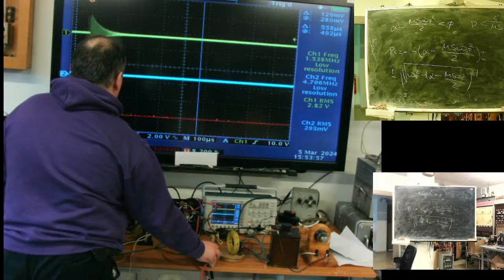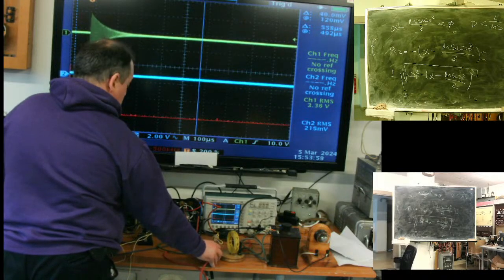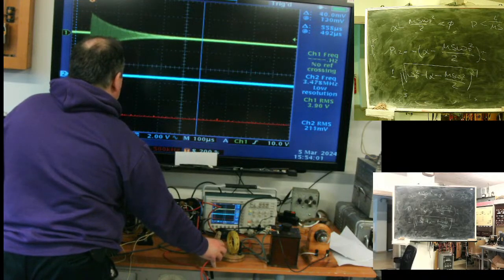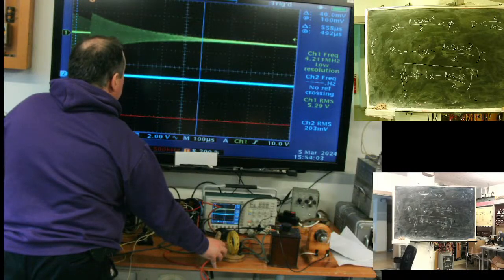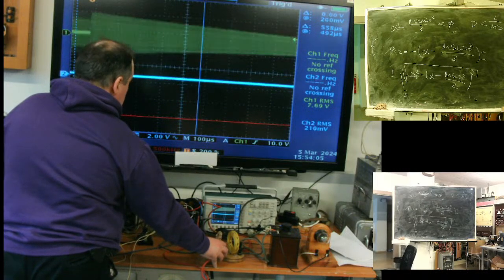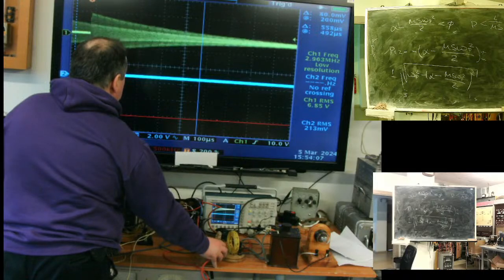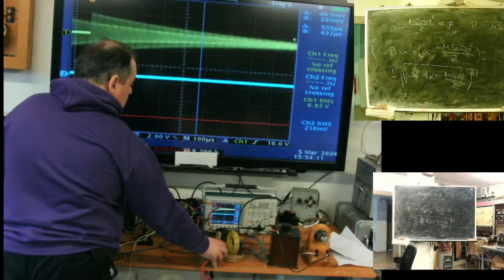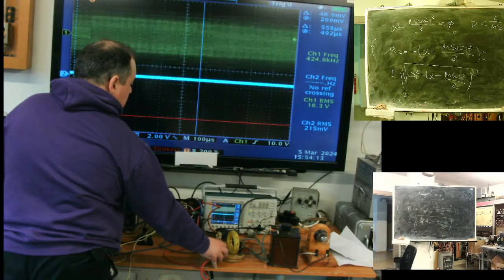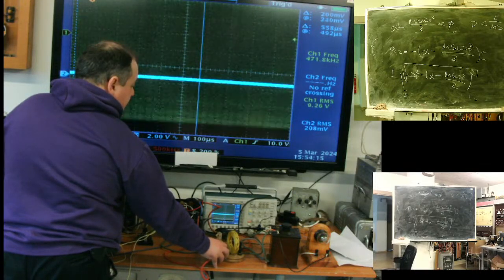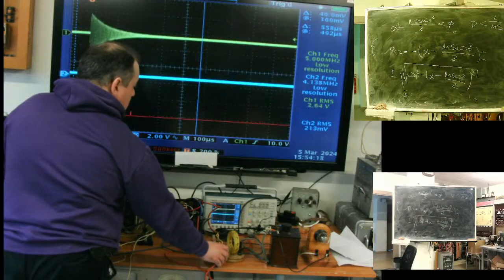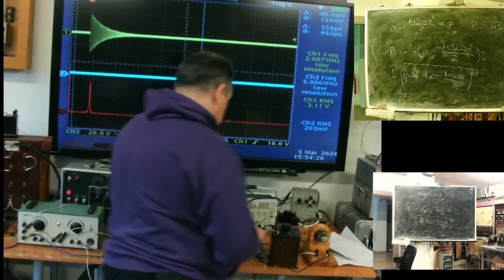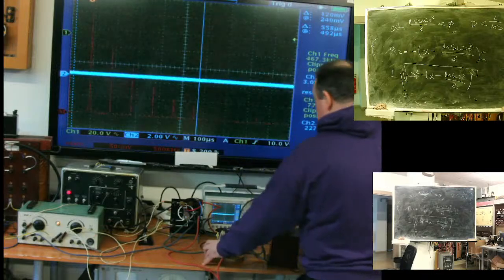A bit closer. See how long it takes to go down. And here is the point of instability. Here it is.